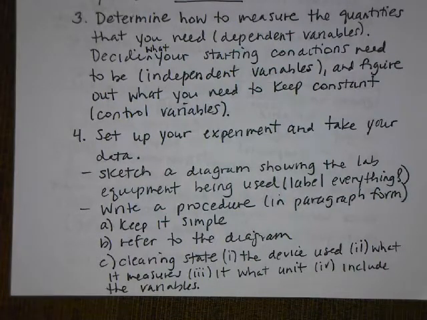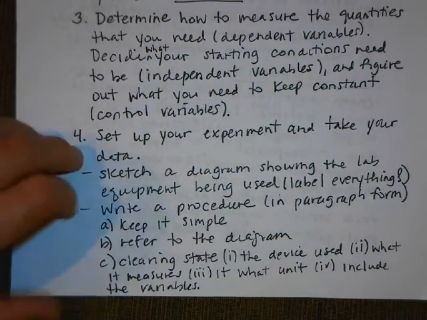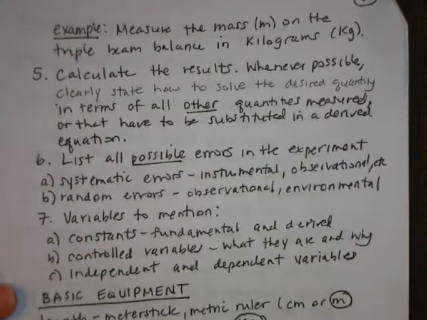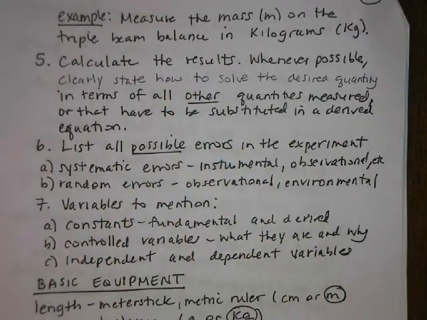Or mass in kilograms, or I'm going to convert it to kilograms. You have to be very specific about what instrument you're using, what quantity it measures, what the unit is, and then what the variable is. That was the example I gave here.